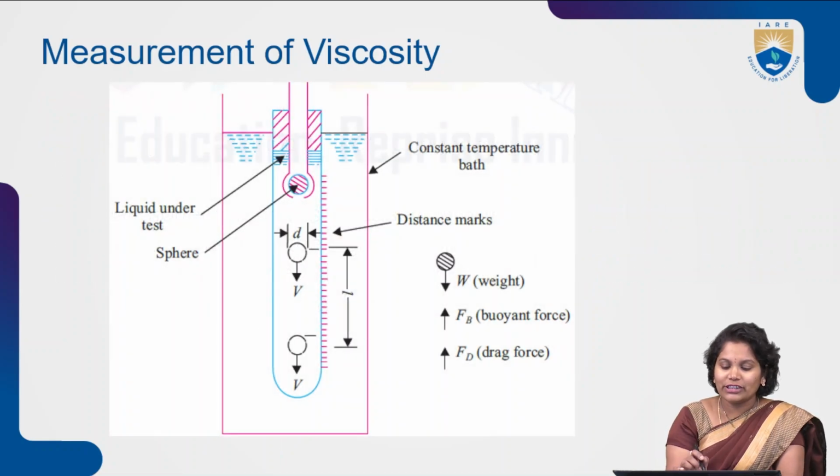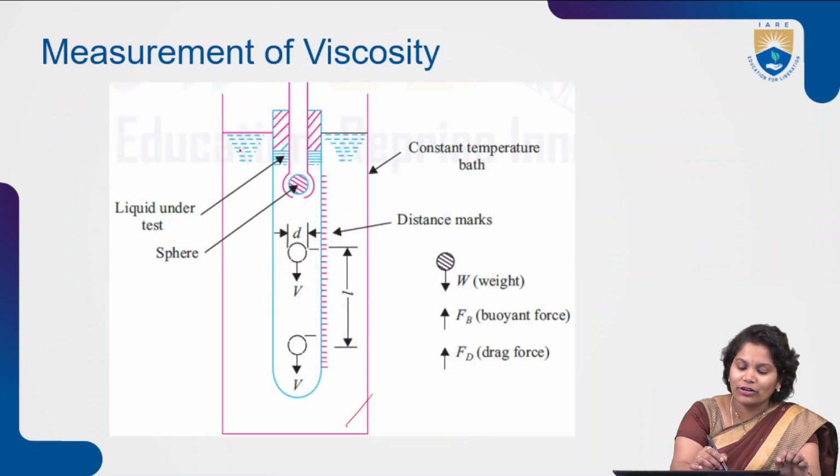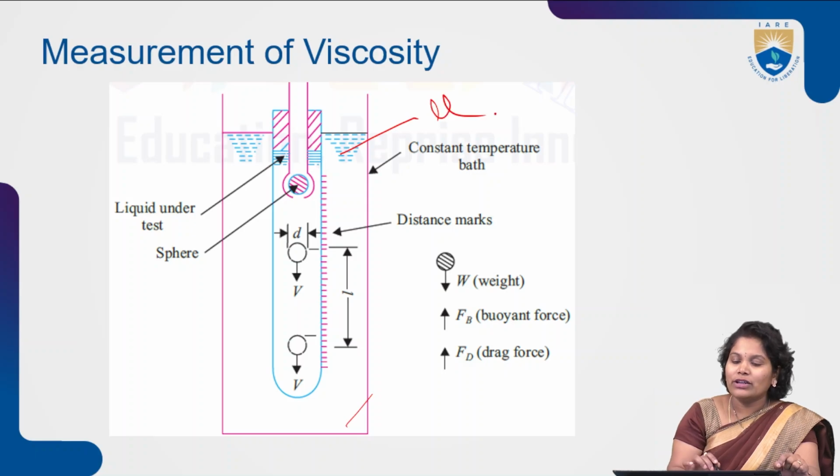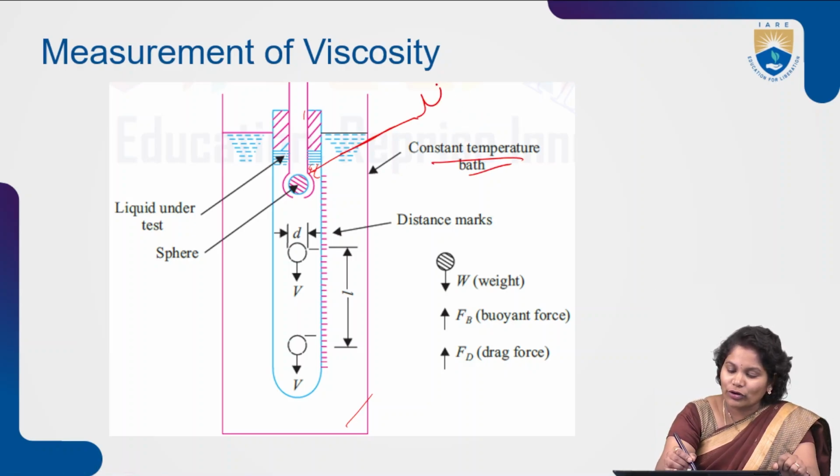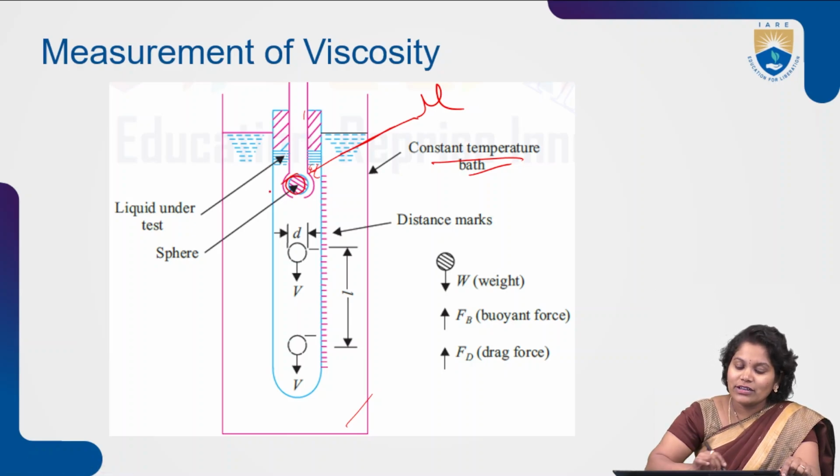So here is the setup. This is the liquid whose viscosity we are going to find out, in a constant temperature bath. In this liquid, I am dropping a sphere.